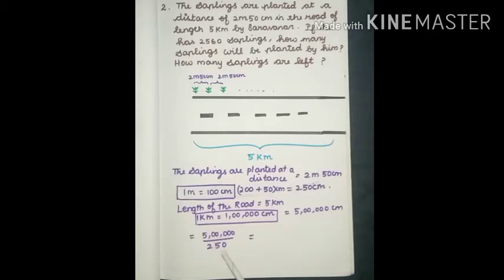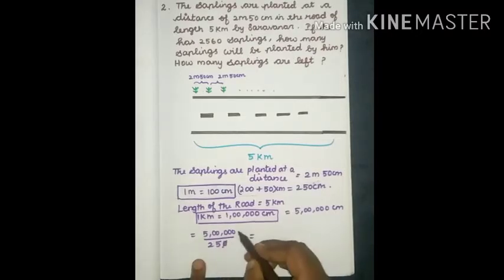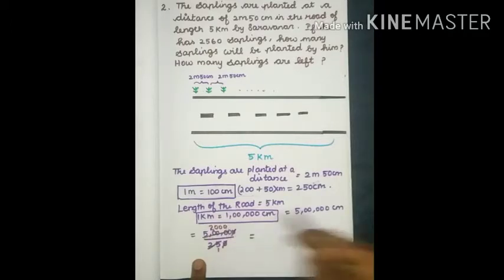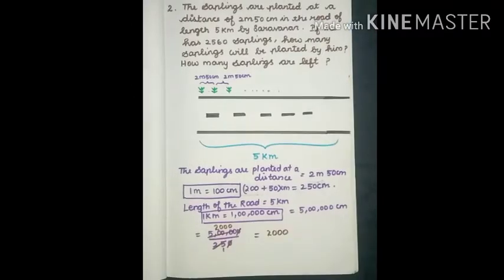The saplings are planted at a distance of 250 centimeter. Let's divide. 0, 0 cancel. 25 ones are 25. 25, 2000s are 50,000. Therefore, 2000 saplings are planted in the length of road 5 kilometer.